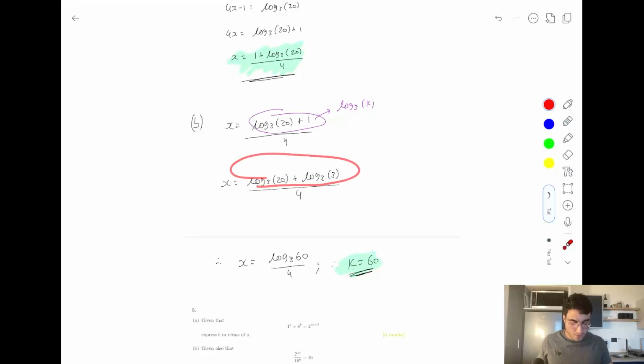Log 3, because 3 has to be raised to 1 to get to 3, so therefore the answer of this is 1. Okay, so boom, product rule there, or logarithm product rule, 20 times 3, 60, k is equal to 60.